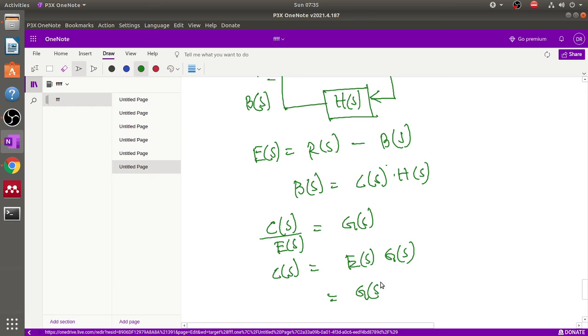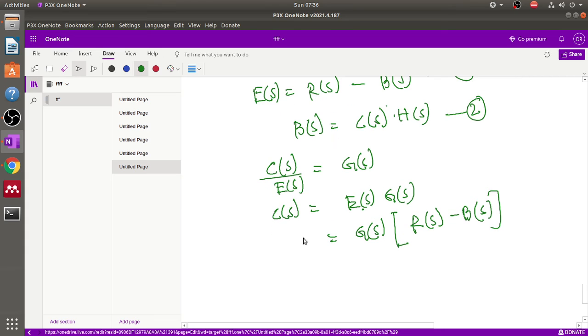Here in the expression of ES, this is equation 1, equation 2, we put the value of ES from equation 1. So this is basically RS minus BS.